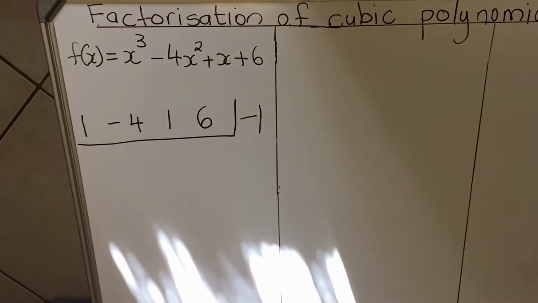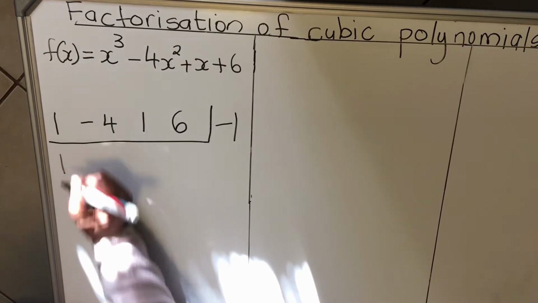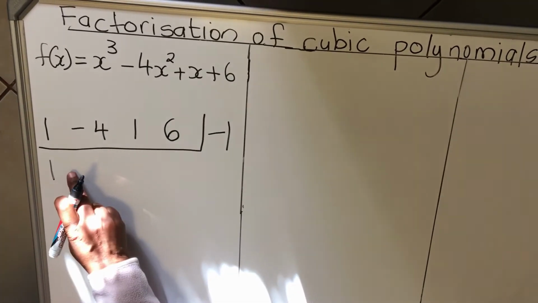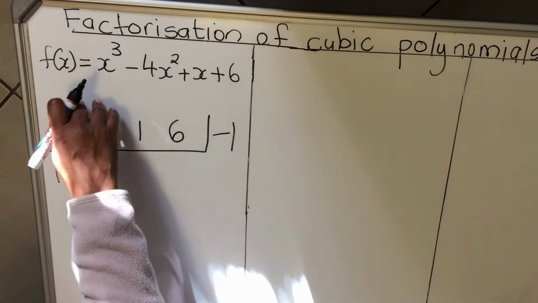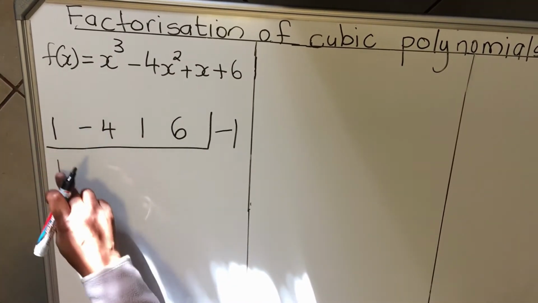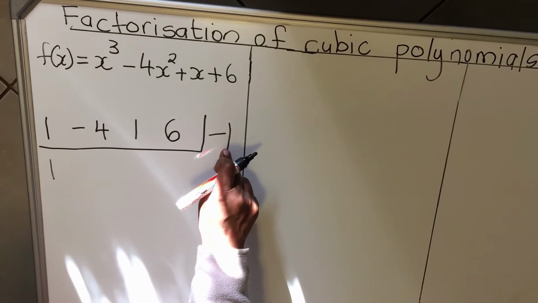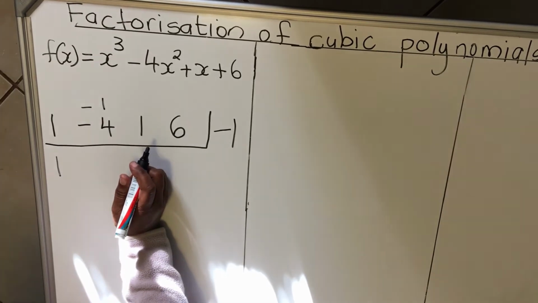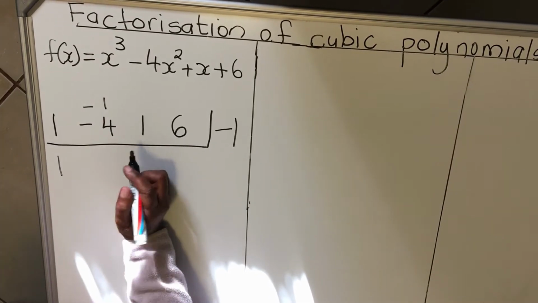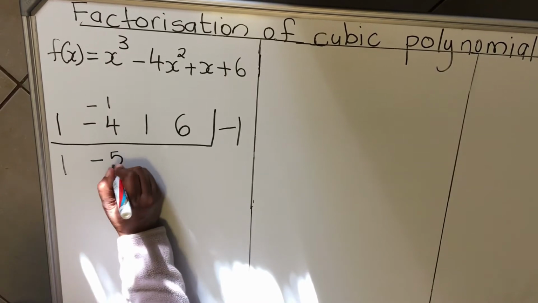So we find that it's minus 1. The first term, you just drop. You write the 1 there. Then we always use the number at the bottom, multiply it with the one on top. We dropped a 1, so 1 multiplied by minus 1 gives minus 1. Then you add: minus 1 plus minus 4 gives minus 5.